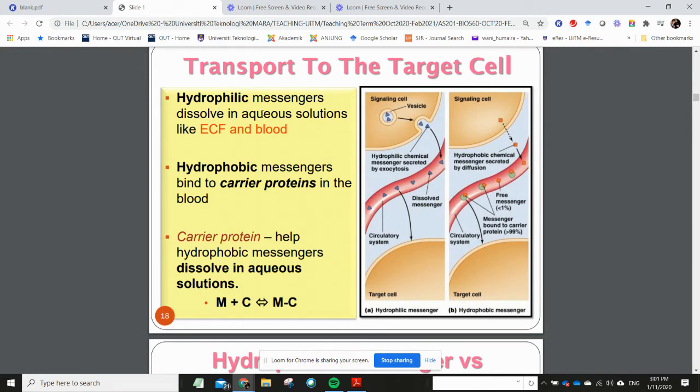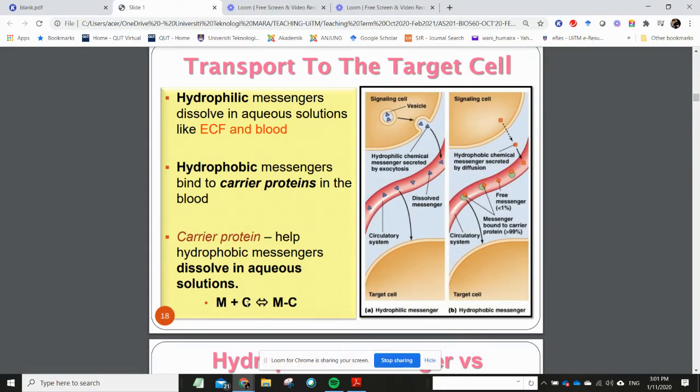So this is the explanation. Hydrophilic messengers dissolve in aqueous solution, like the extracellular fluid and blood. Hydrophobic messengers bind to carrier proteins in the blood because of high solubility in lipid and low solubility in water. The carrier protein helps the hydrophobic messenger dissolve in aqueous solution.